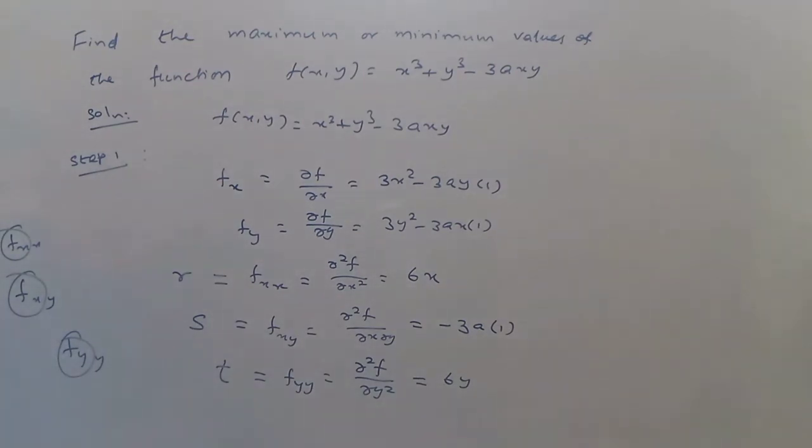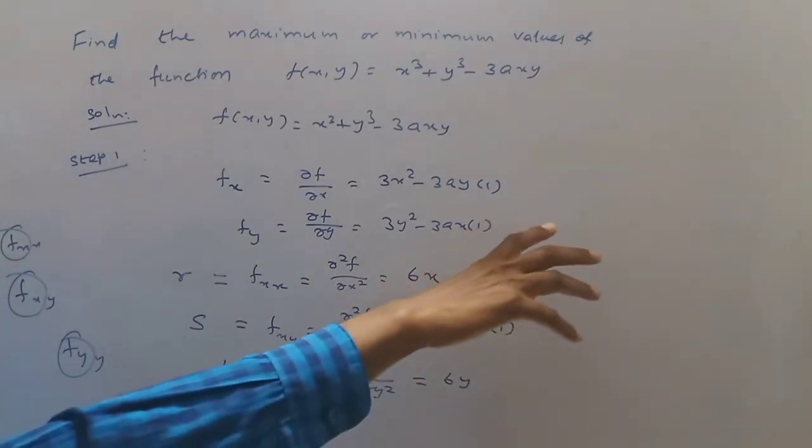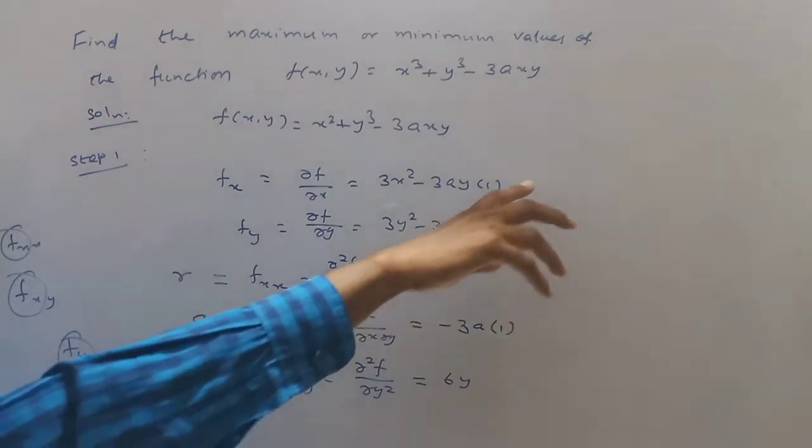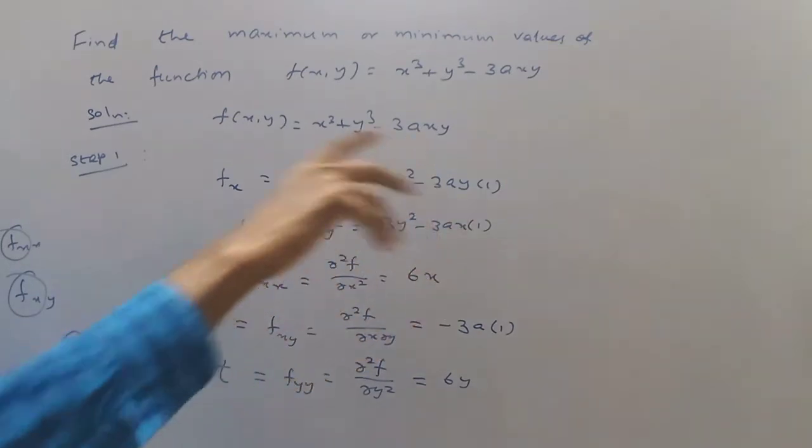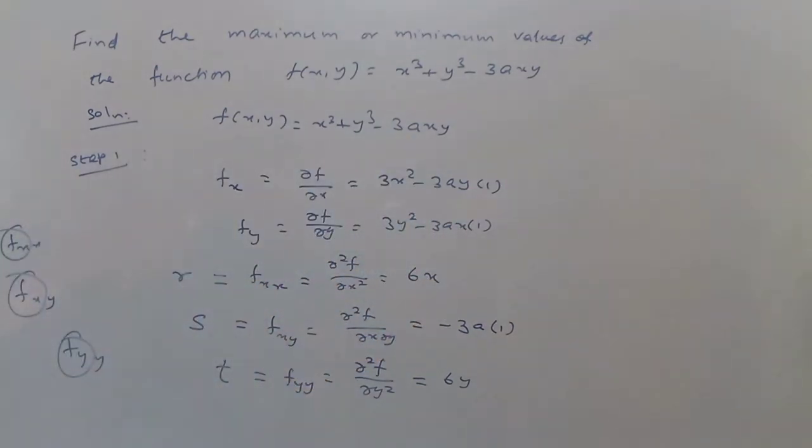Now finding stationary points. So how to find stationary points? First order equal to 0. That means solving fx equal to 0 and fy equal to 0, we will get stationary points. Now step 2.